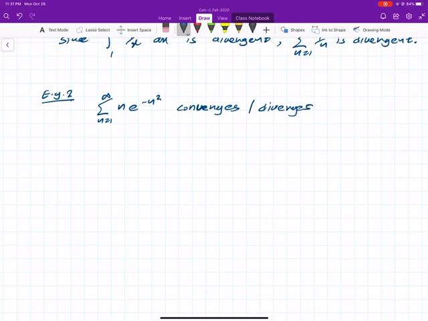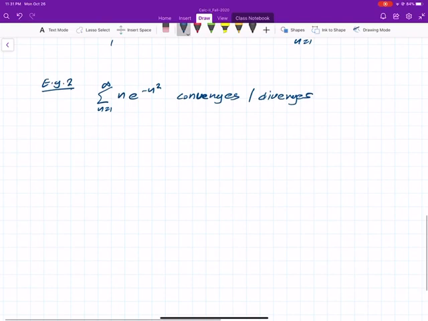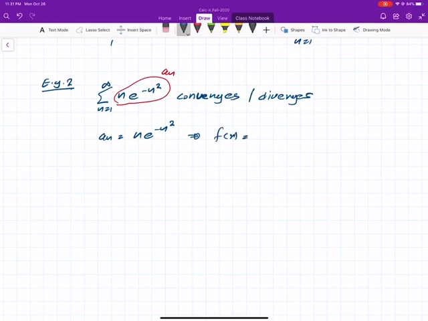Alright, so again you have to find the corresponding function. First of all, you have to find the nth term, which is a_n. a_n is n e to the power negative n square, and then you have to convert this to the corresponding function, which is f of x equals, just replace n by x, x e to the negative x square.